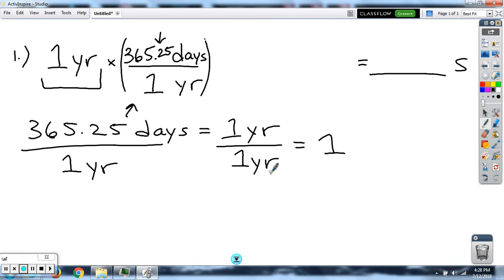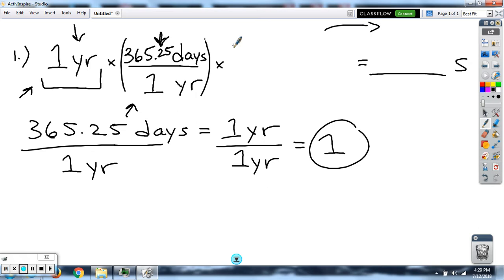You have the same thing on top and bottom, so they divide through and you get 1. So by multiplying our starting measurement with this quantity here, we are just multiplying by 1, which results in the fact that whatever we get after we do the math on this side of the equation, we know it's identical in magnitude to what we started with on the left-hand side. Right? You have to be thinking about it in this way for it to make sense.